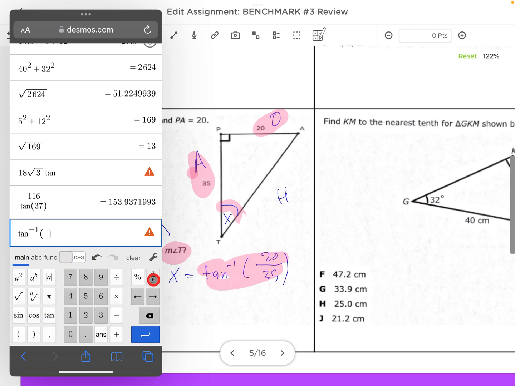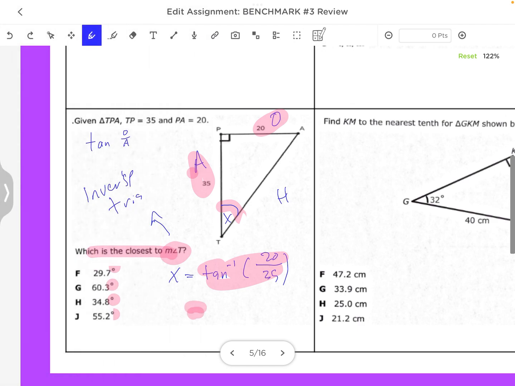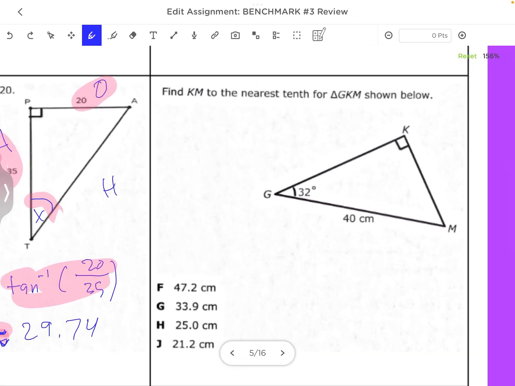Go back to main, do that, 20 over 35. All right, 29.74. Okay, so that's approximately 29.74, which gives us the answer of F. All right, let's keep it moving.